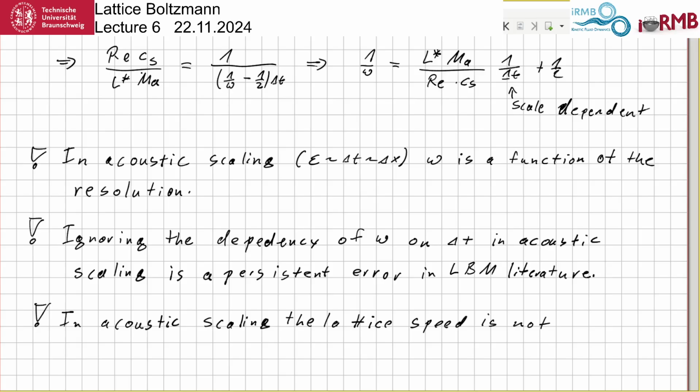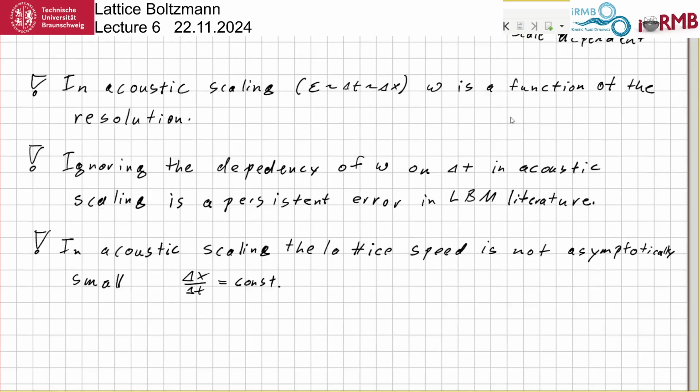Is not, as we say, asymptotically small, so that it gets smaller when you refine. Because delta x by delta t, which is the lattice speed, is constant. This is a bigger problem than you may think, because we have a discretized velocity range.